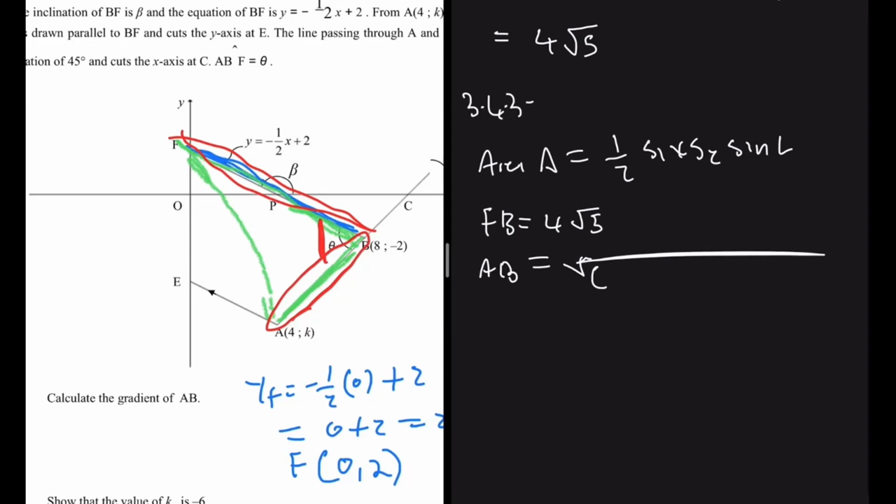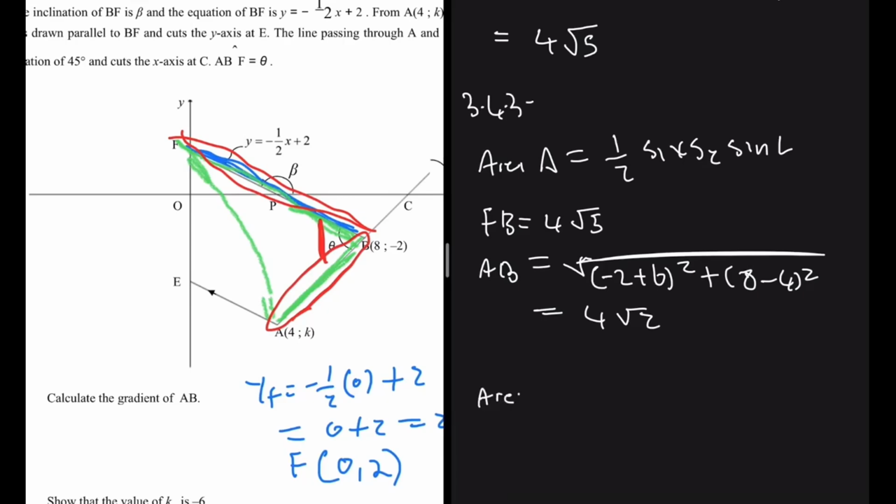Let's take B as our second point, right? So y of B, that is minus 2, minus y of A, that will be minus 6. So we're just going to have plus 6 here, squared, plus x of B, that is 8, minus x of A, that is 4, squared, and then the length of AB is 4 square root of 2.